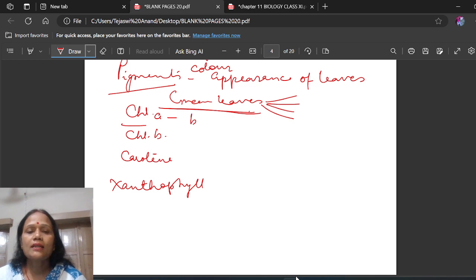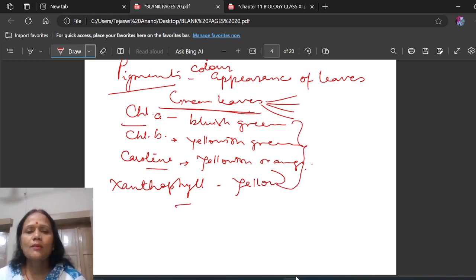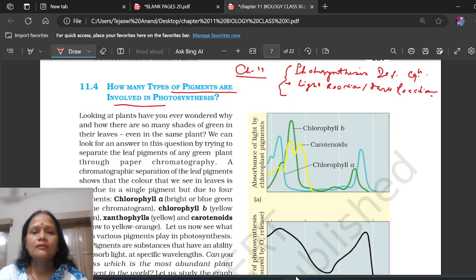Chlorophyll A is bluish green, chlorophyll B is yellowish green, xanthophyll is yellow, and carotene is yellowish orange, sometimes reddish also. These pigments are the main factors that give color to the leaves.